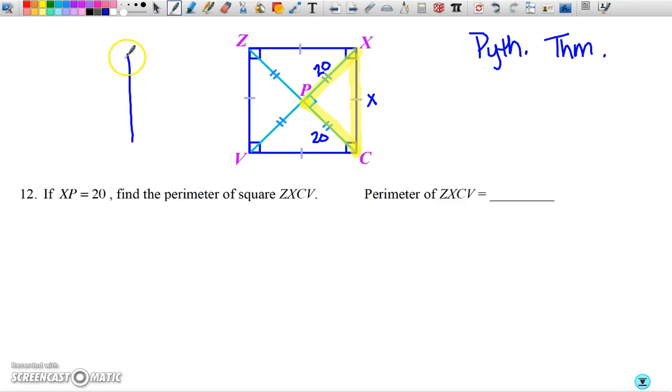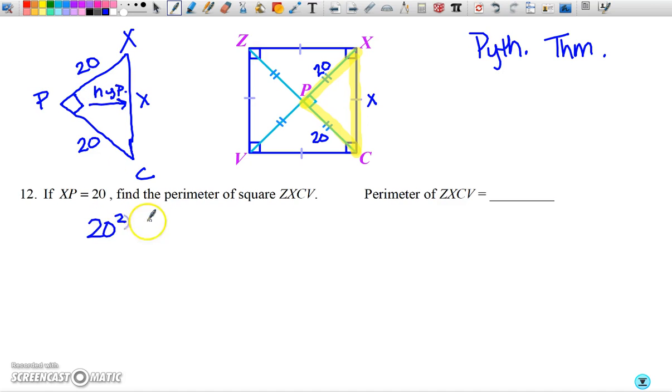So I'm going to go ahead and redraw this just so you can kind of see it a little bit better, hopefully. So right triangle here, this is 20, this is 20, this is what we're looking for, and this is XPC. So this one is your hypotenuse. So 20 squared plus 20 squared equals x squared. So we get 400 plus 400 equals x squared.